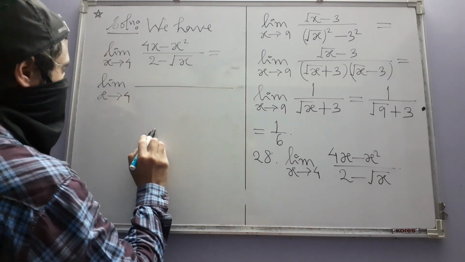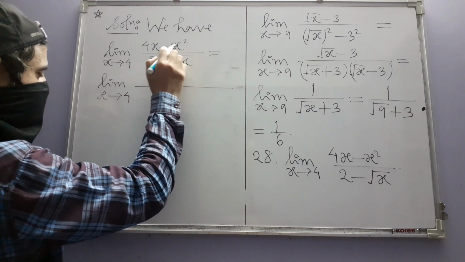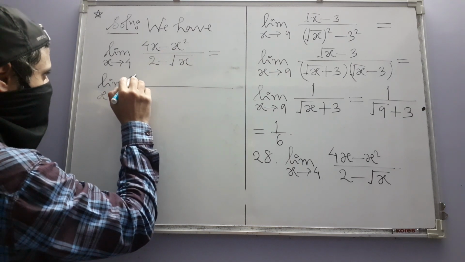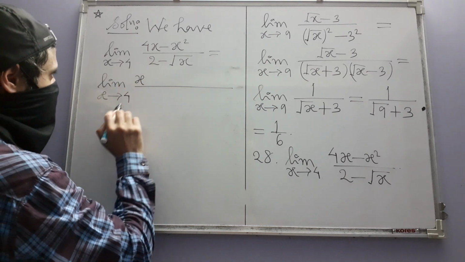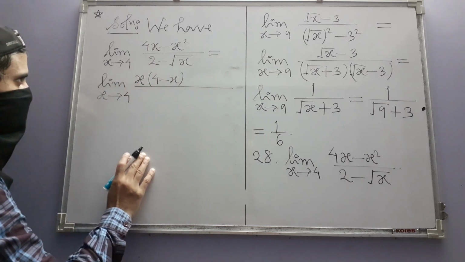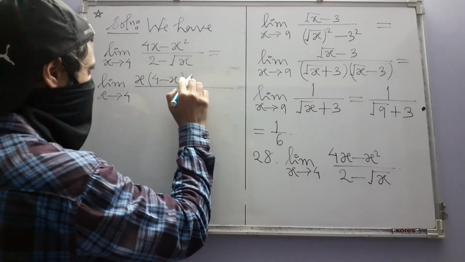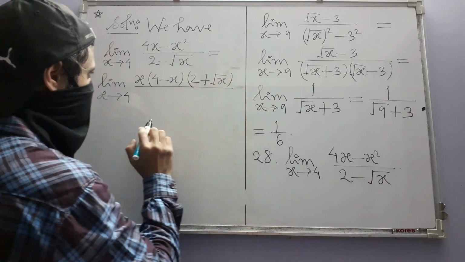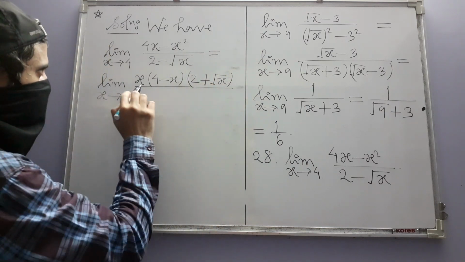So for that, what we would have to do in the beginning itself, to make things a little bit easier to interpret, let us take x common out. So that leaves us with 4 minus x, but simultaneously we also multiply and divide by 2 plus root x.